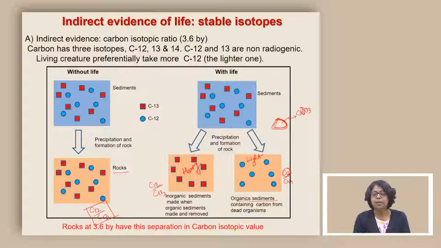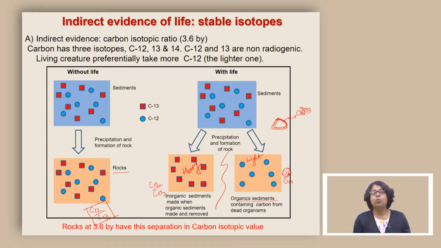On the other hand, if you get a very heavy one, that also tells you something about the presence of life, not creating these sediments or rock, but it must have been around, because of which you are seeing this separation between very light composition of the rock and very heavy composition of the rock in terms of C12-C13 ratio.